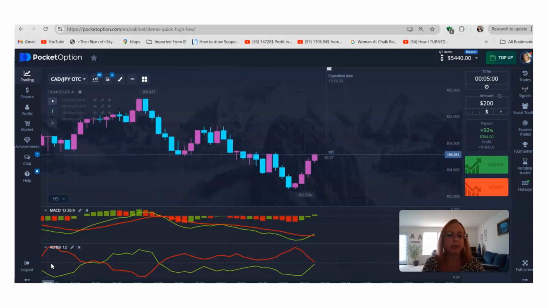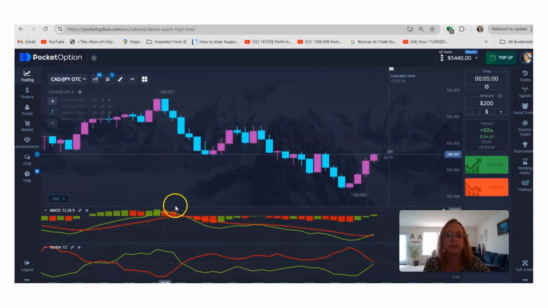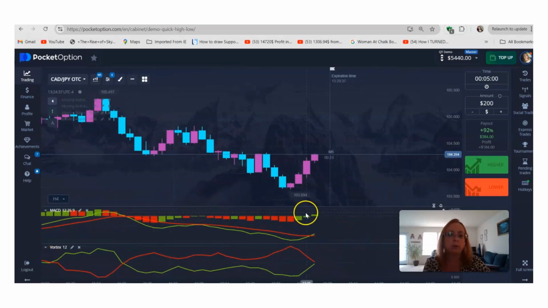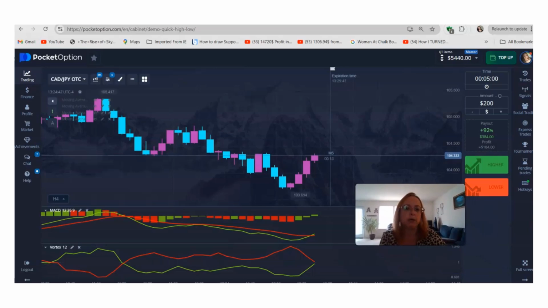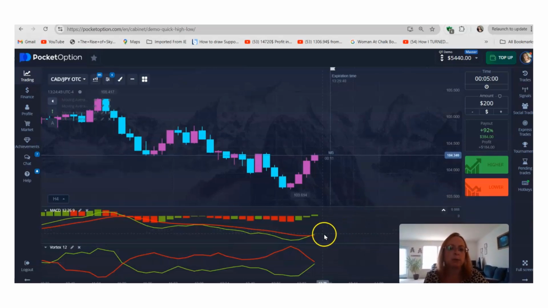I kind of want to wait, and the reason why I'm waiting is you don't want to rush this strategy. You need to make sure that your vortex line is crossing the red line and going above the one line here. You also need to make sure that your green line of the MACD is crossing the red line and the histogram is above the 0.